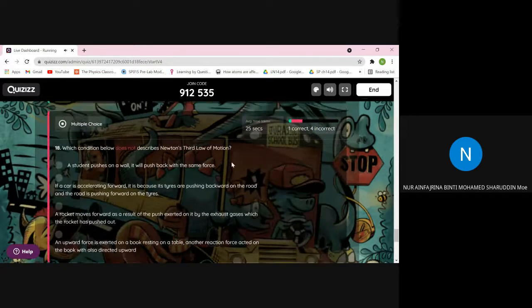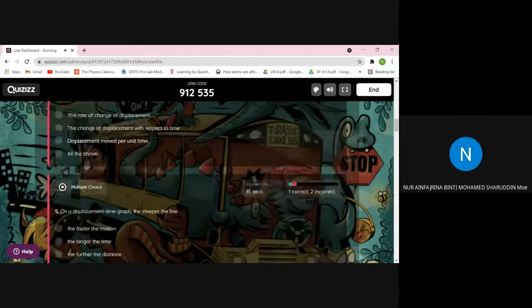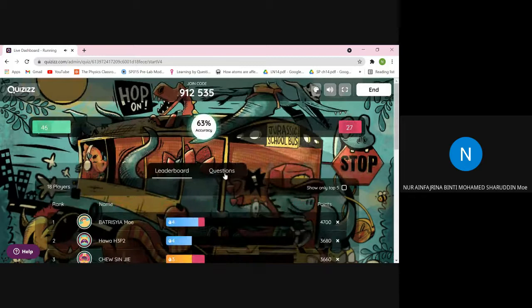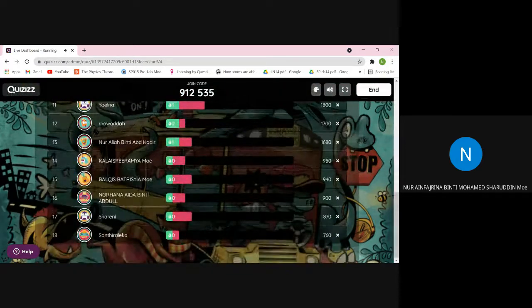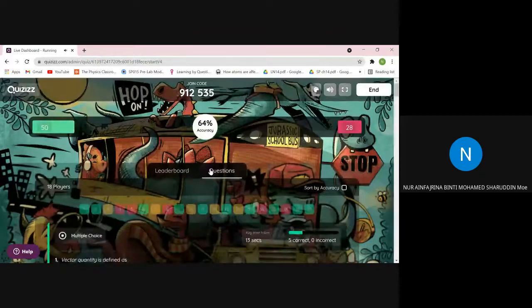Kenapa ramai salah soalan ni? Miss, boleh tak hantar link lagi sekali?